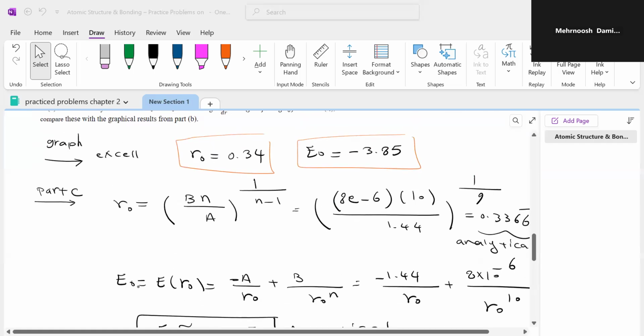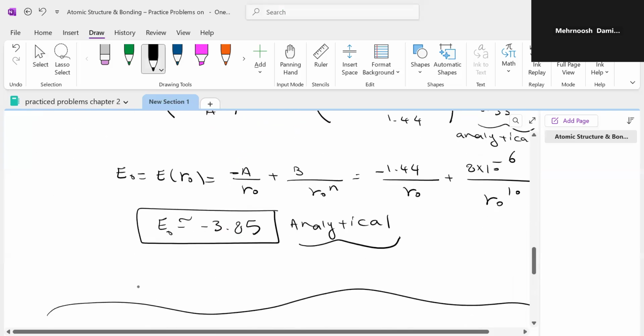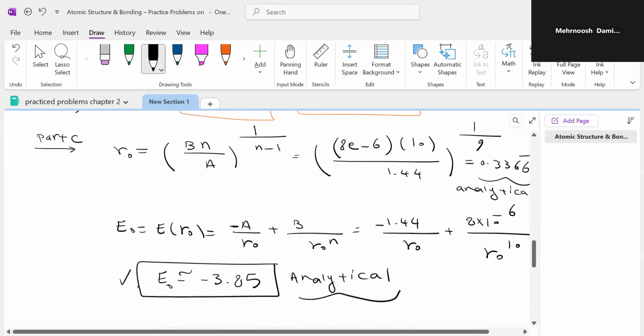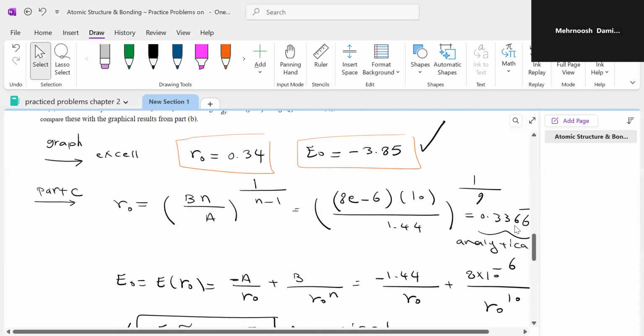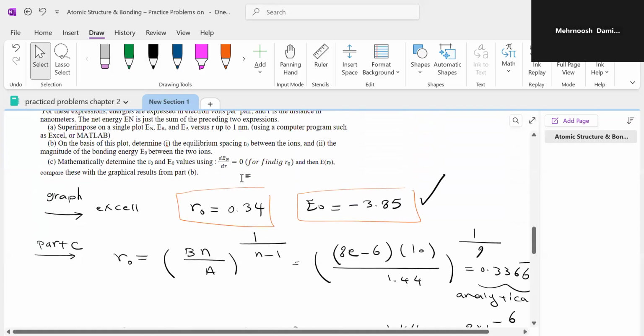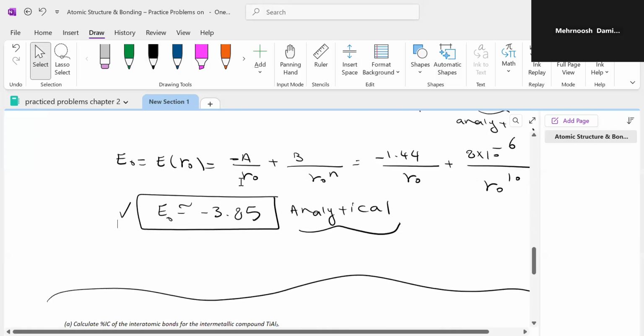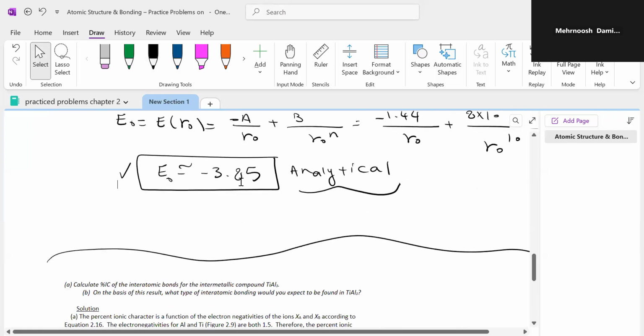So it is 3.85 from the graph, and 3.85 from the analytical solution, so close to each other. And again, for R naught, analytical 0.3366 and Excel or graph 0.34, and it is so close to each other too. Okay, we finished this part about the bonding energy.